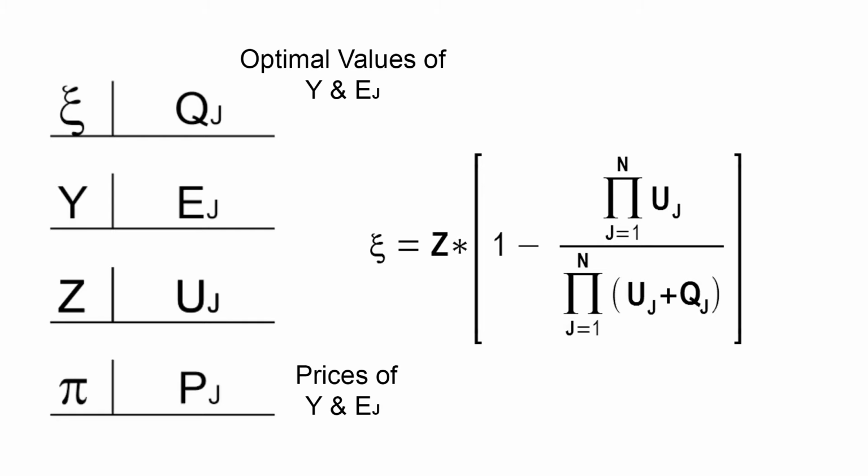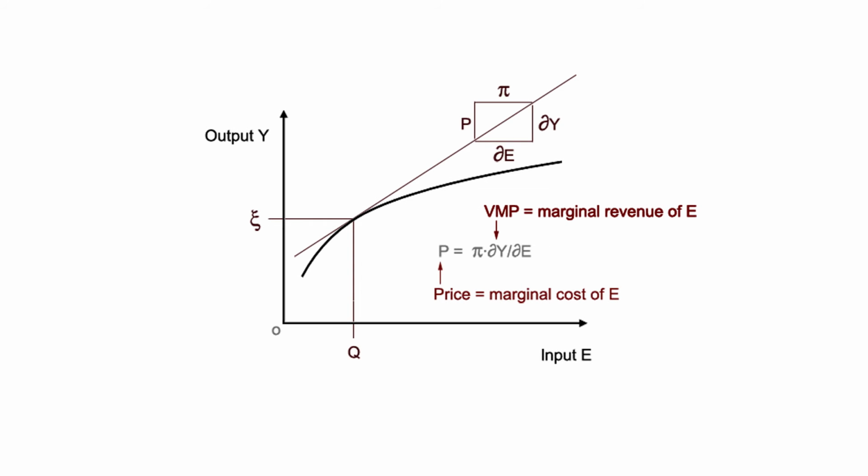Our task will be to describe that production function in terms of z and u sub j, such that xi and q sub j are on the indifferent surface, and the curvature of that surface in every coordinate direction j has its gradient equaling a ratio of p sub j to pi.